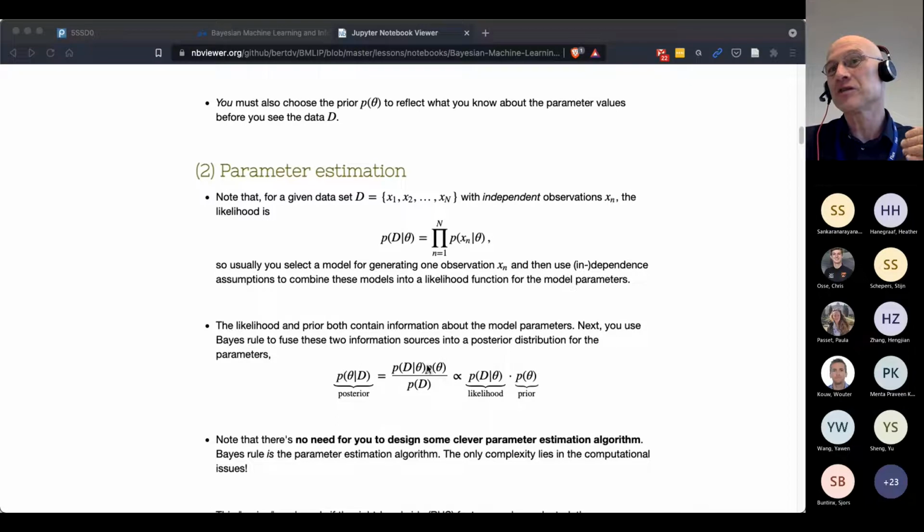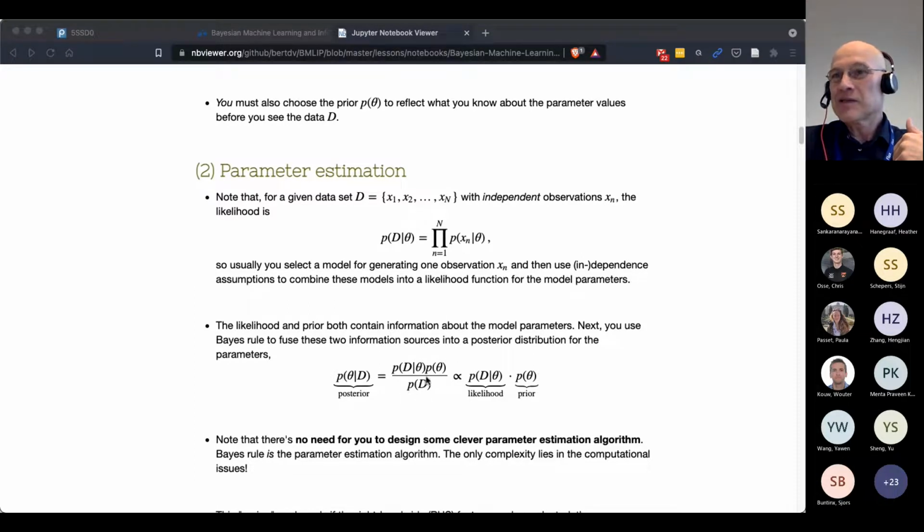All the information that was in my prior and all the information about theta that was in my likelihood is properly combined into a posterior. There's no loss of information and there's no gain of information. So in a sense, everything was already predetermined. Once you have specified your likelihood and once you've specified your prior, it's all predetermined. Right? So that's, I think, important to realize.